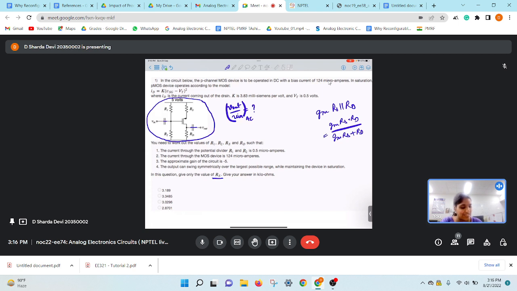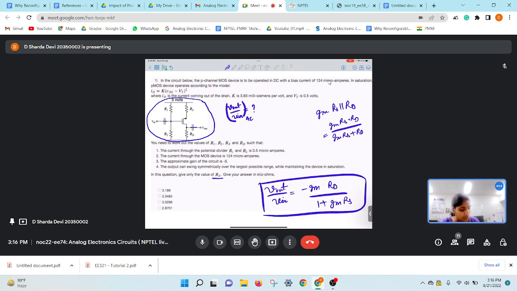So basically, the answer is, I'll reveal the answer. So please let me know who all have got this answer correct, okay? GM into RD upon 1 plus GM RS. This is the final expression that you will get. So how many of you have got this answer?